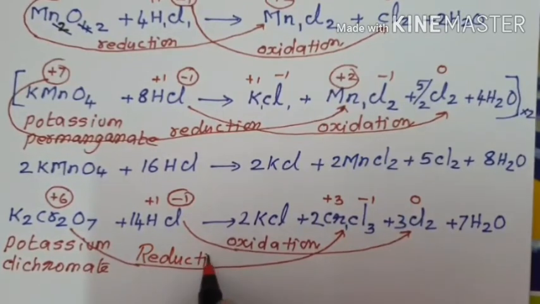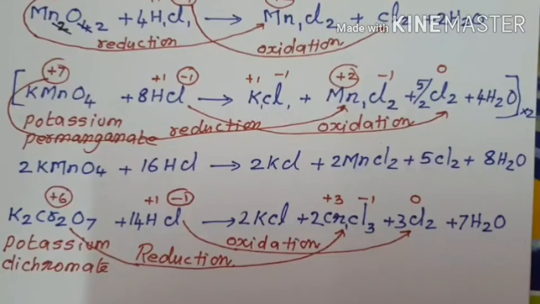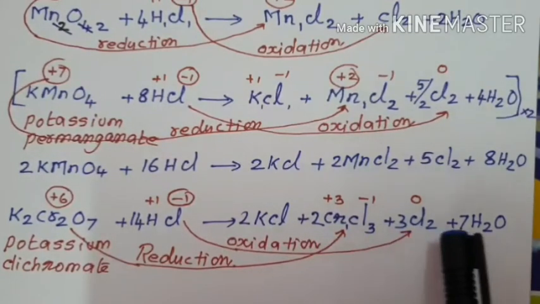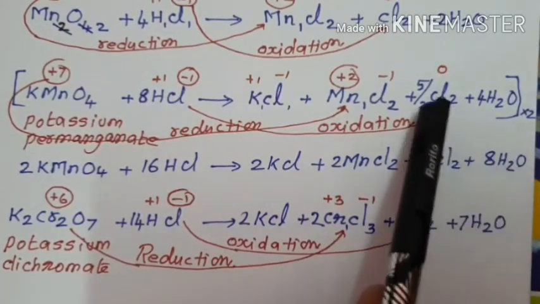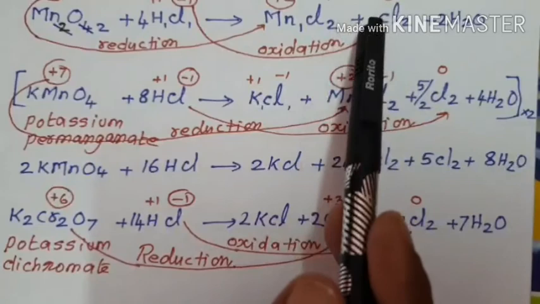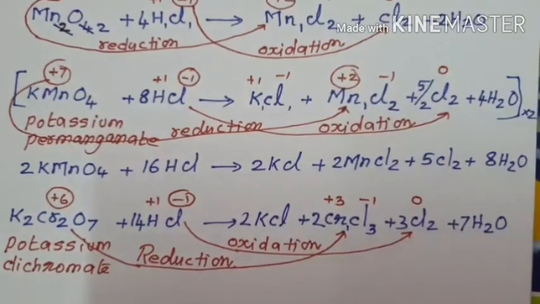Therefore, it is called reduction. When you see all these reactions in the preparation of chlorine, Cl2 and H2O are the common products in all these preparations. Then one more preparation we have.